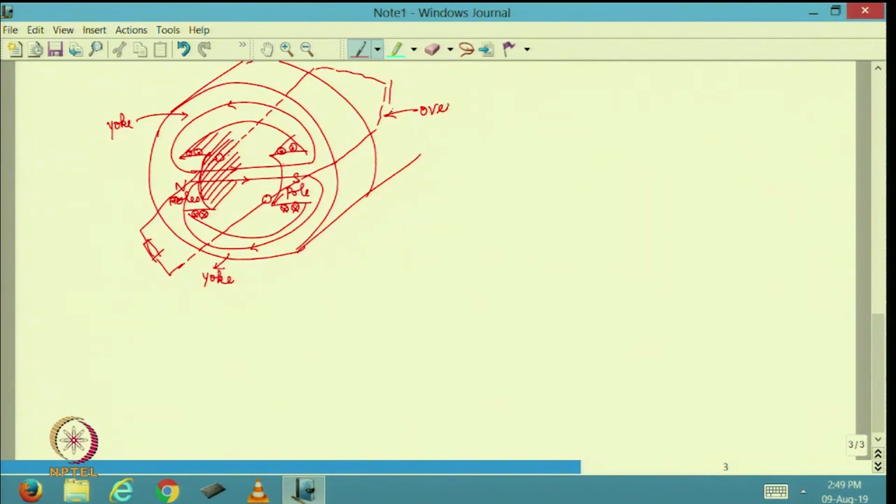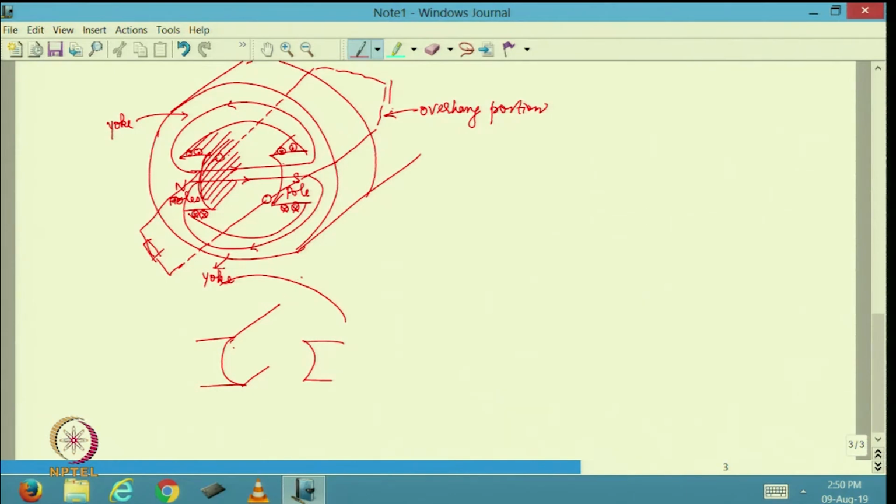So, this portion is known as the overhang portion. So, the overhang portion of the conductor is not going to be useful as far as the electricity generation is concerned or torque production is concerned, because this is beyond the purview of the magnetic field. So, you can imagine basically that I am going to have the magnetic pole extending only until the machine ends.